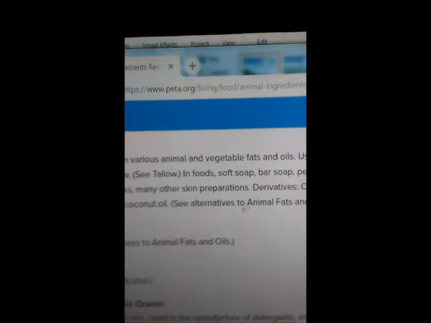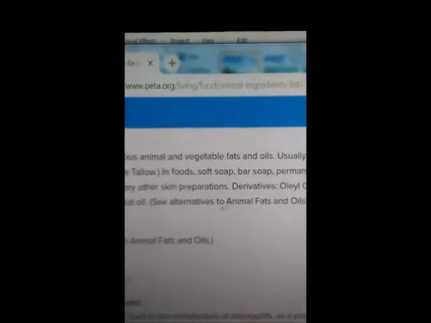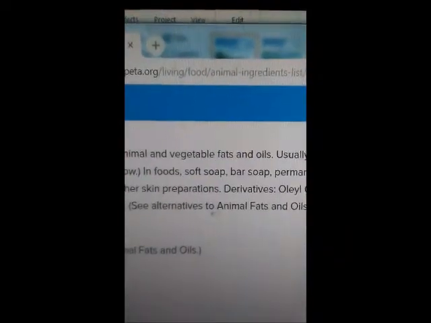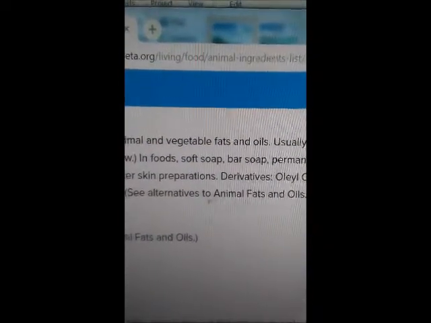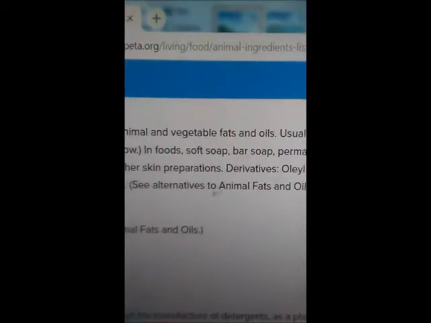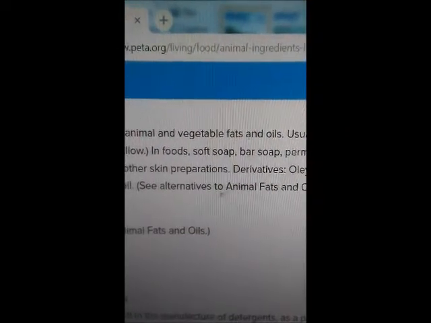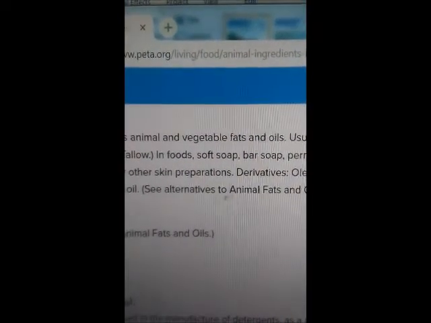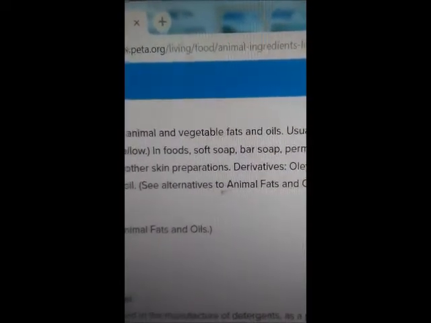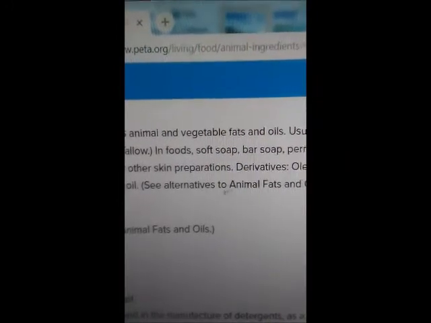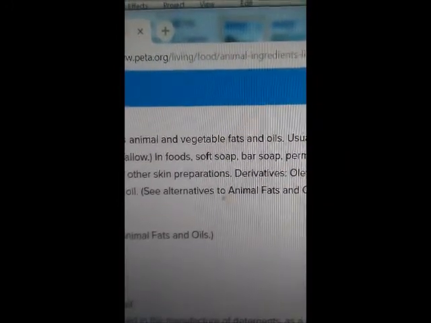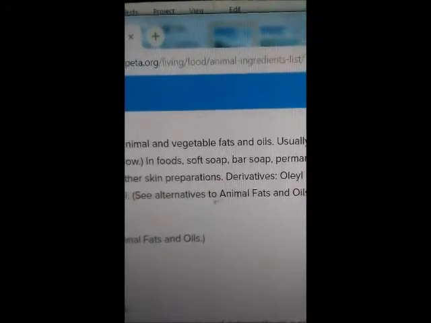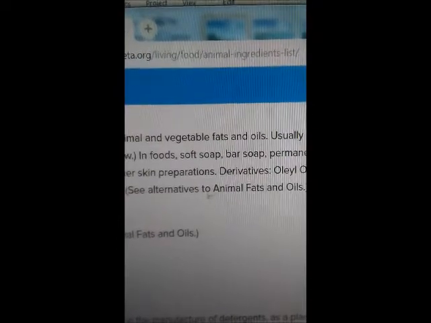And it says in foods, soft soaps. Foods and soft soaps. Yeah, you go to your Walmart, your Target, and all these other places, and even the soft soaps that you buy from the store have this oleic acid in there. Come on now. And you're using it and thinking that your hands are gonna be clean and all that, and look at here, you're putting all extra stuff on your skin. You don't even know what kind of animal fat it came from. You don't even know if it's vegetable or animal. So you have to be cautious of that.